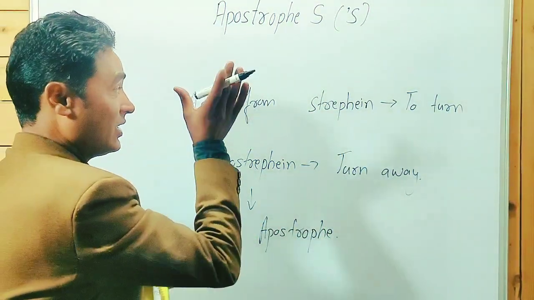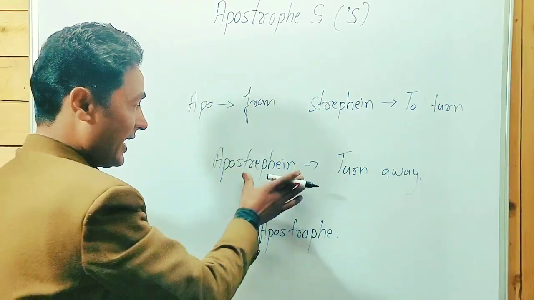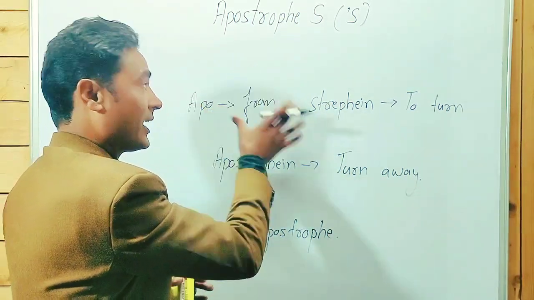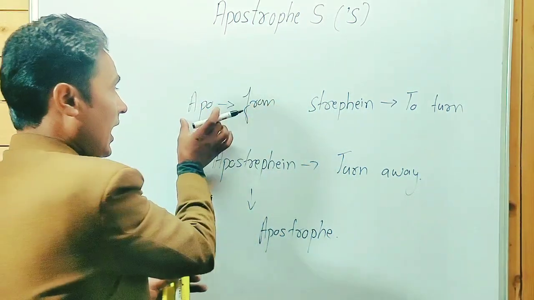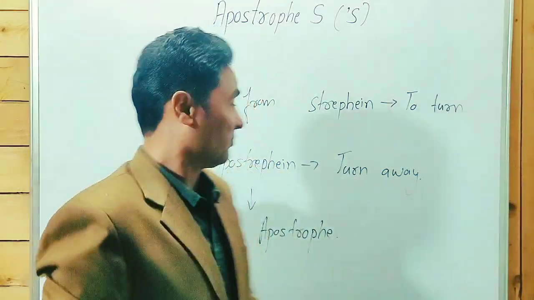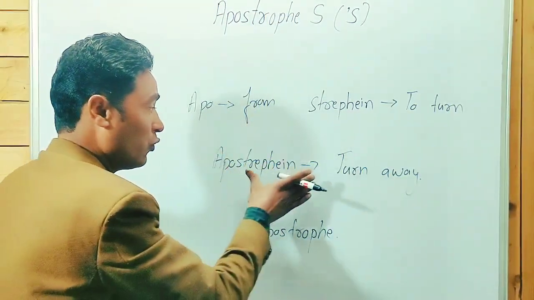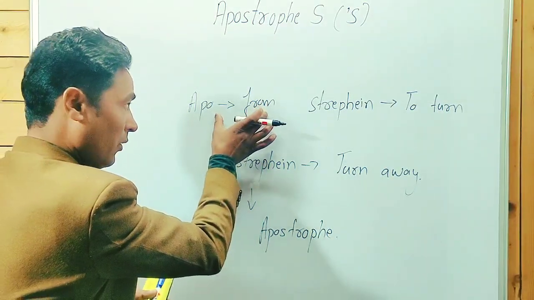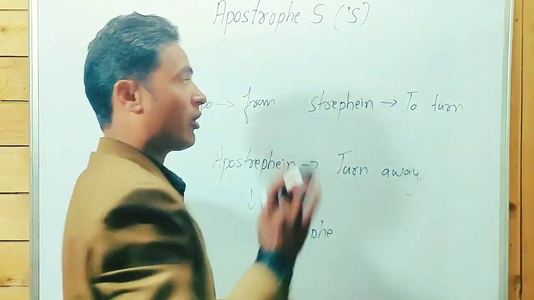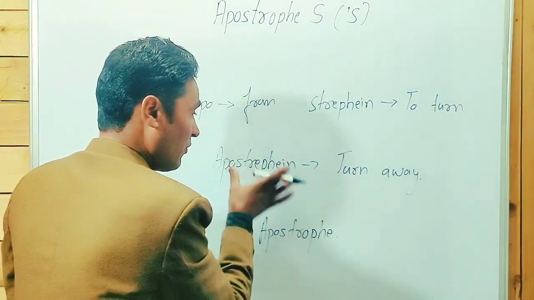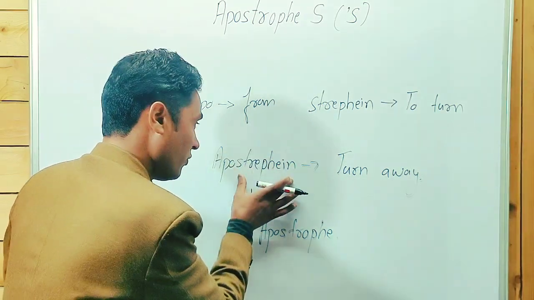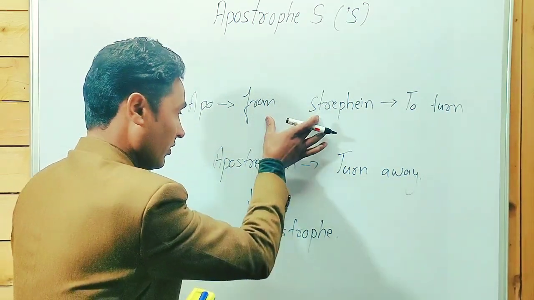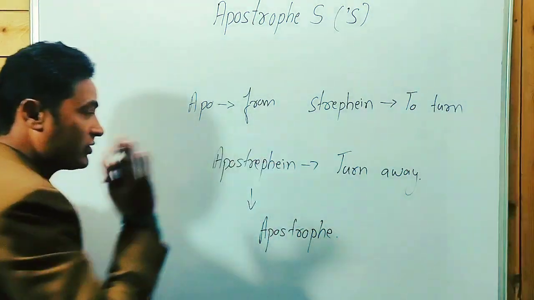First, it was taken from two Greek words, apo and strophe. The two words were joined, and the meaning is apo, from, and strophe, to turn. One word was formed with the help of two words. That means turn away. Apostrophe.